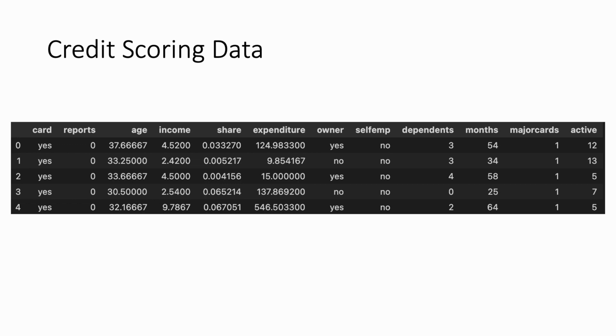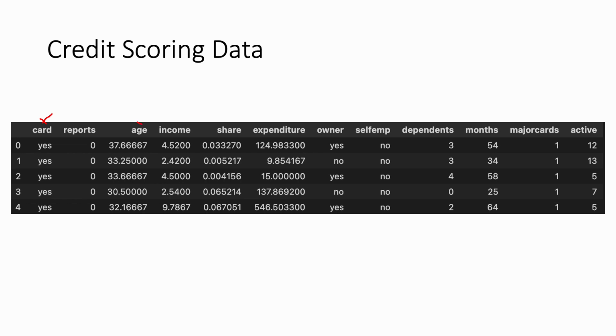First, the card column indicates whether the user has a card. There are some columns we need to care about.